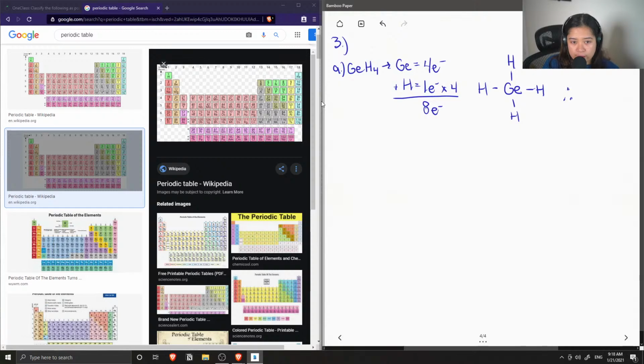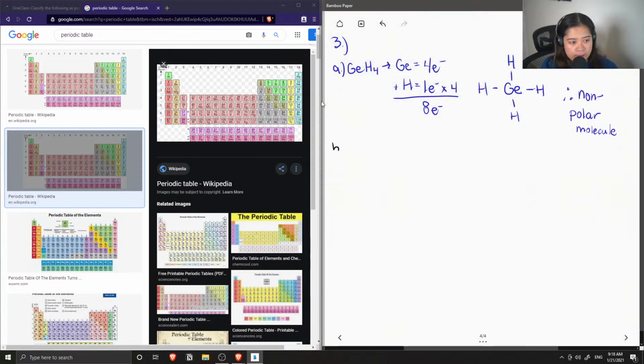So therefore, this molecule is nonpolar. So you can see that I didn't even need to calculate for electronegativity. Even just the fact that it's a symmetrical molecule, I could say that this is a nonpolar molecule. Because even if there was a difference, then they would all just cancel each other out.